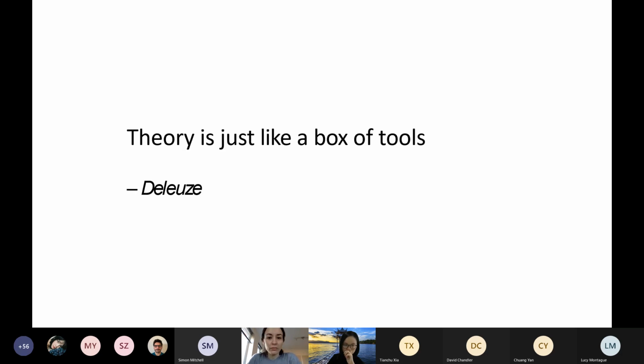Okay, so when people ask what is theory good for, I like to tell them that it's like a box of tools. We use theory in order to understand, in our case, cities, buildings, processes that happen within the urban environment.